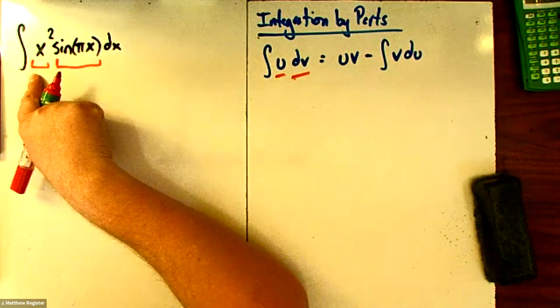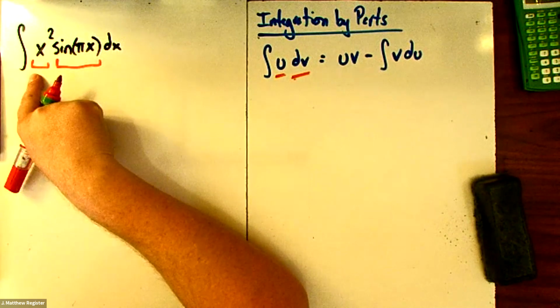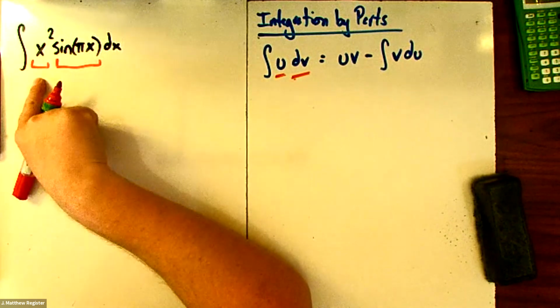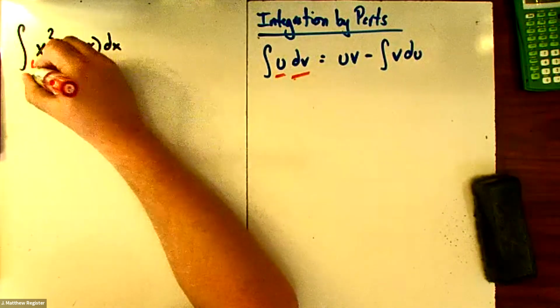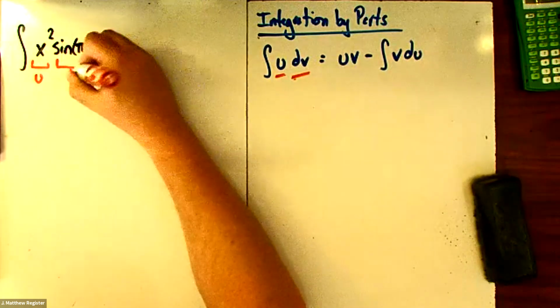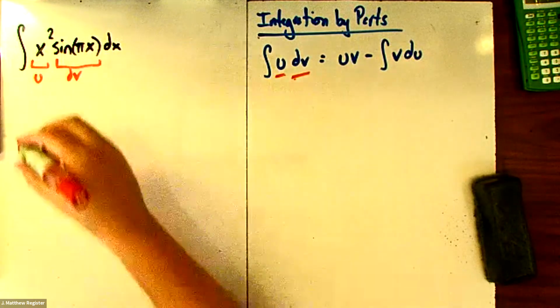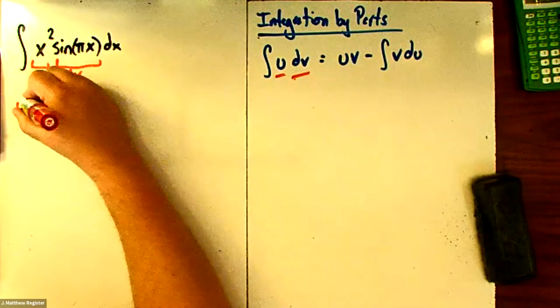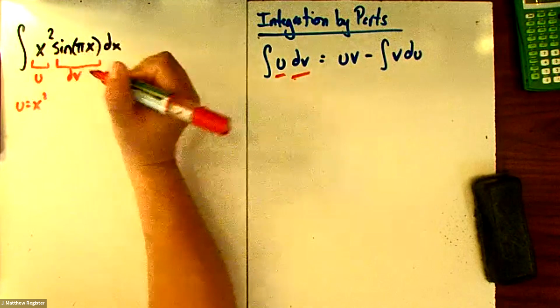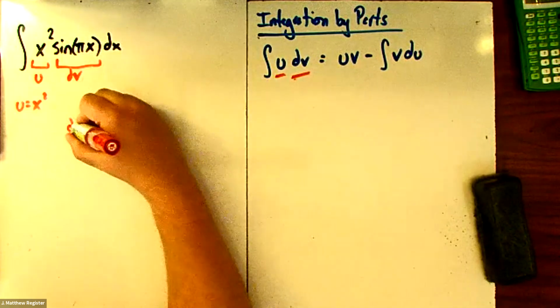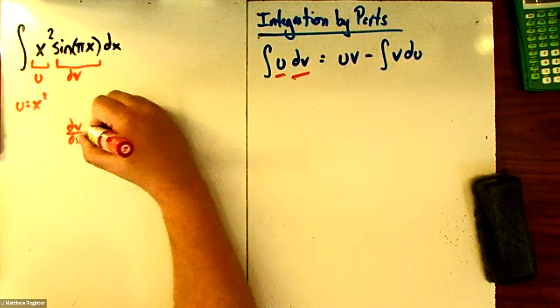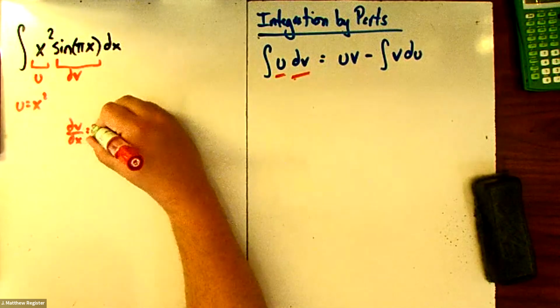X squared, if we integrate it, it goes to x cubed, which is worse. And so we're going to want to take the derivative of x squared, which means that we are going to let that be our u. And so now we have our u is x squared. We have our dv is sine of pi x.